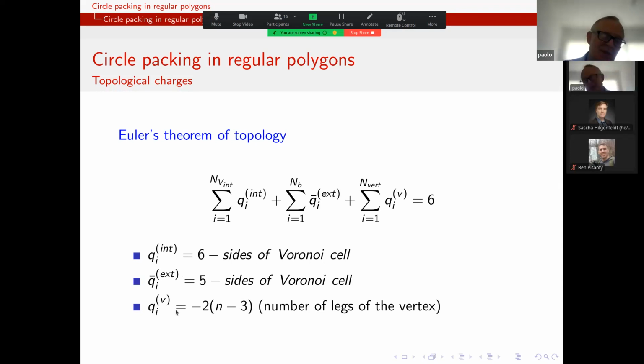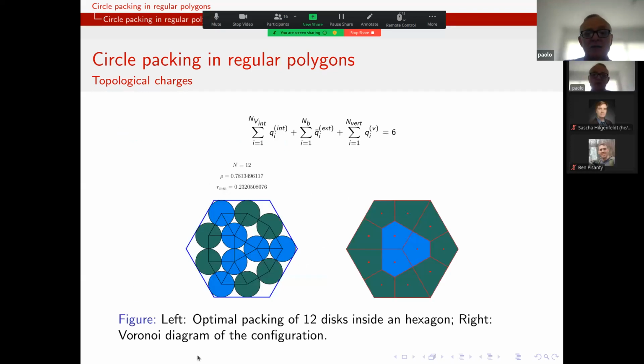One interesting feature in packing is that apart from the standard topological charges associated with either internal or border cells, you also have frequently some kind of topological charge associated with higher order vertices. So if you have a vertex with 3 legs, it doesn't carry topological charge. But as soon as you get more legs, you have topological charge. And this in packing is more common than, for example, in the Thomson problem. This is one example.